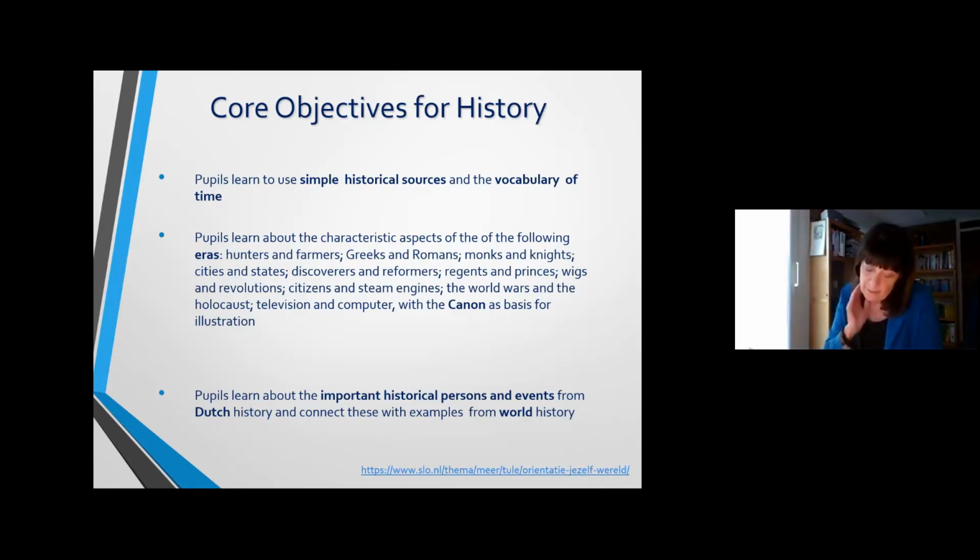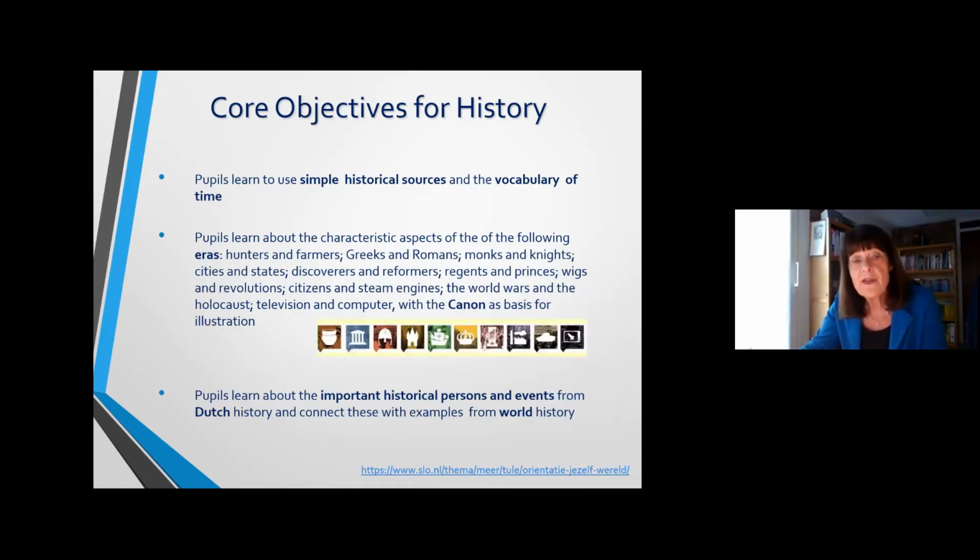For each era, there are two characteristics, for example, about the spread of Christianity in the time of monks and knights, and the multicultural society in the time of television and computer. These 10 eras are symbolized with icons. You see them here.